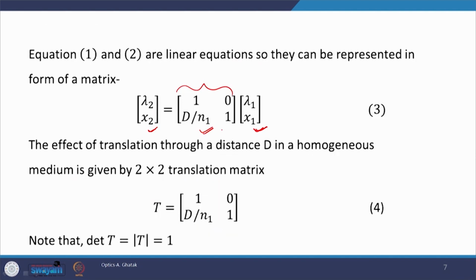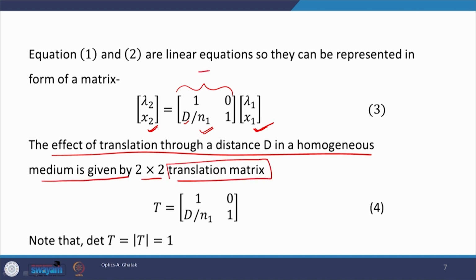Now, if you know the coordinates at one point, then after translating a certain distance d, you can calculate the coordinates at the other point. The effect of translation through a distance d in a homogeneous medium is therefore given by this 2 by 2 translation matrix. This is your translation matrix.